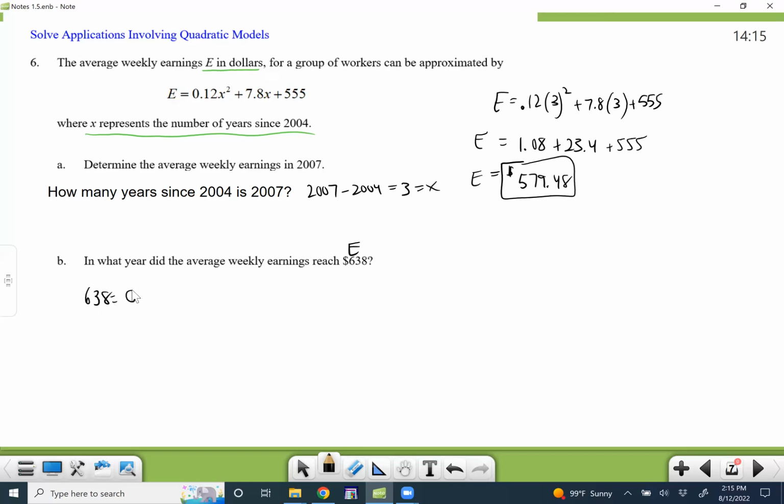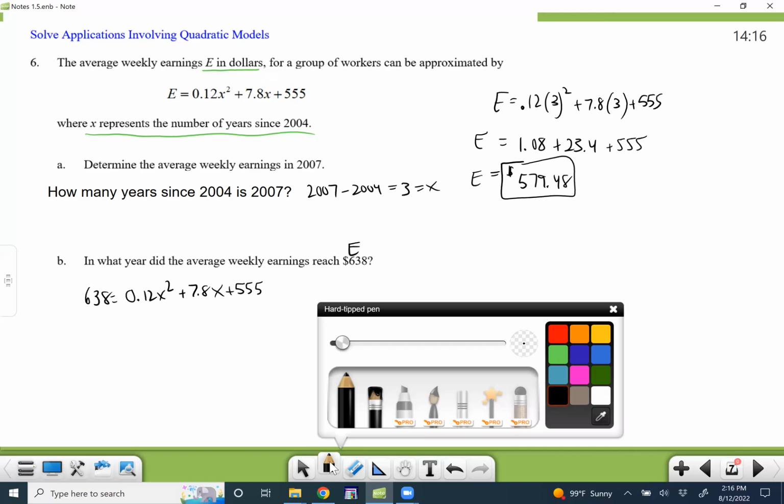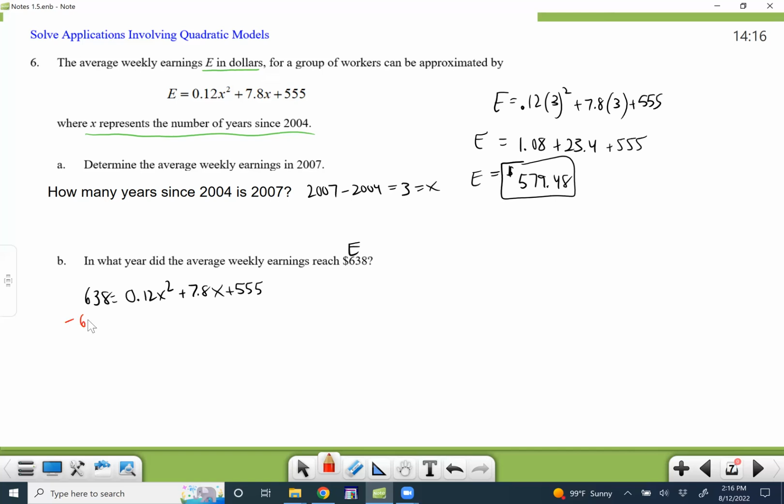So this one's a little bit tougher because it's not that I just need to plug this into my calculator. It's a quadratic equation that we're going to have to solve, okay? So we know with quadratic equations, we always have to get it set equal to 0.